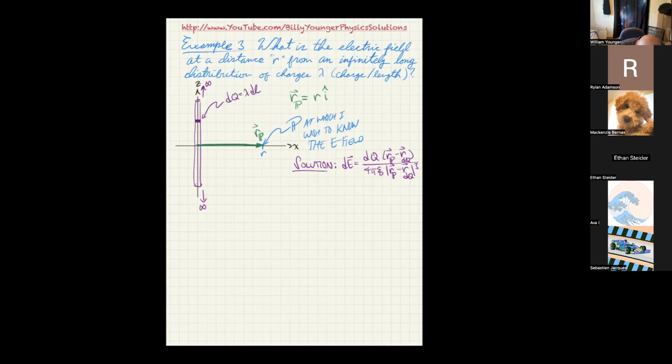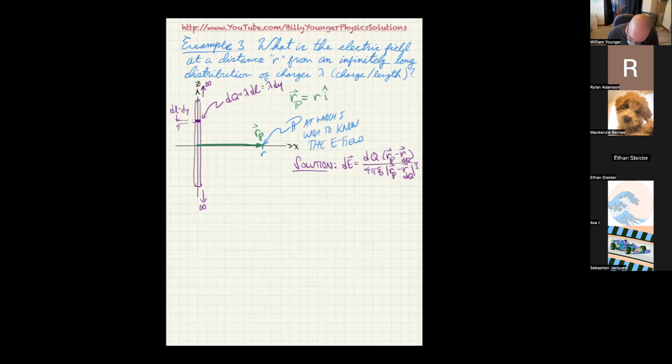And that means that this little length is dl, which is really just dy. Okay, so I now know what dq is. dq is going to be lambda dy.